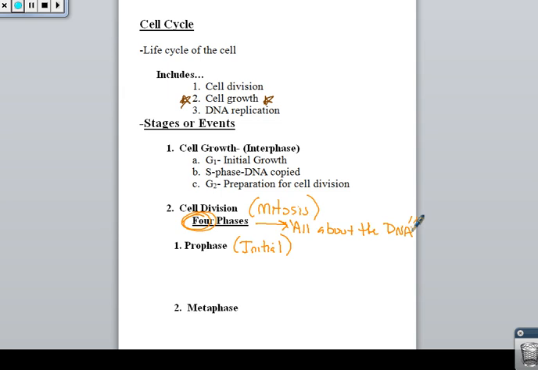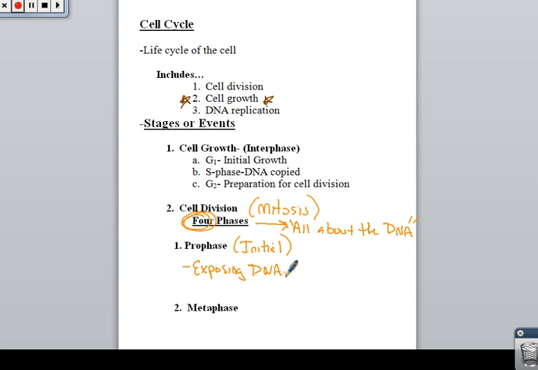And really, if you understand that, you can look for the main things that are occurring in each one of these phases. Prophase is exposing DNA. That's really what's happening during prophase. Because before this, DNA is located in the nucleus, and if it's in the nucleus, it can't get out.